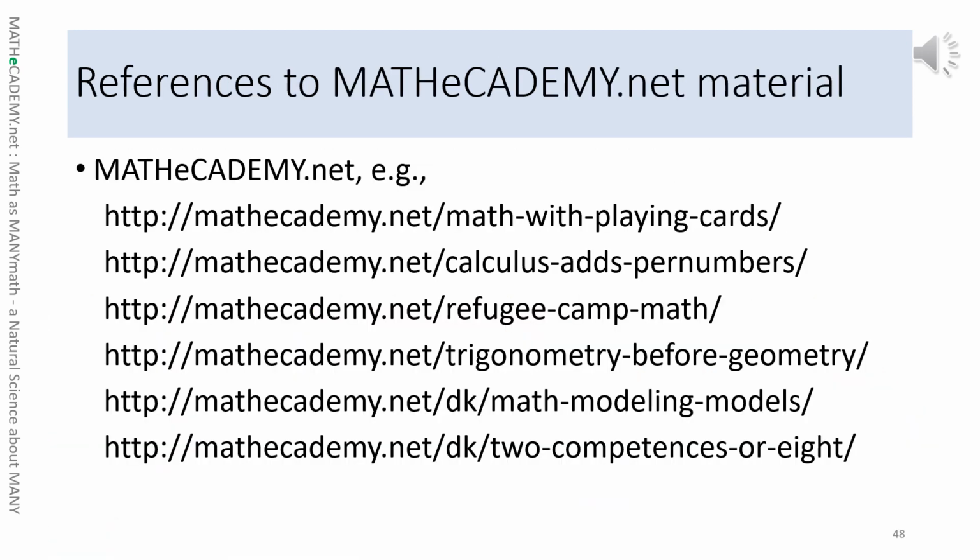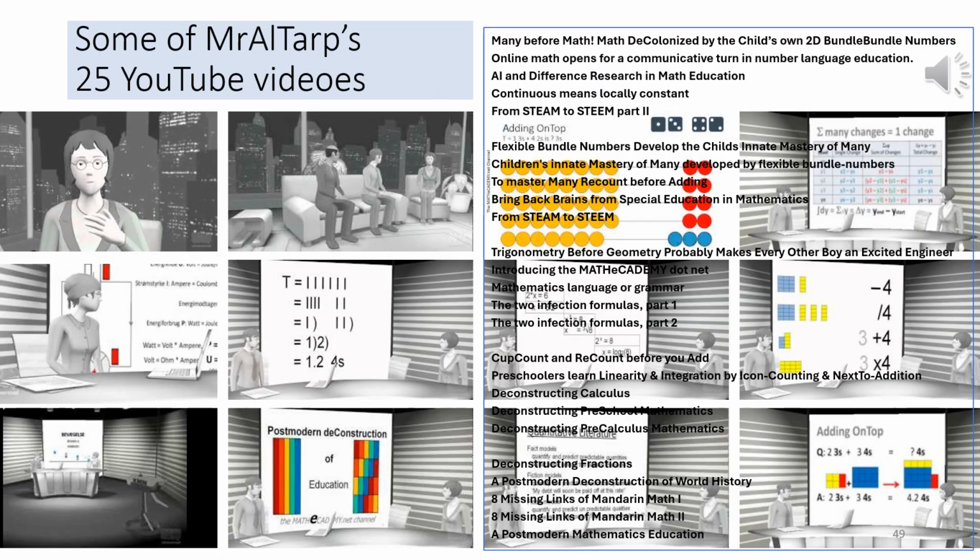References to mathecademy.net, material: Math with playing cards. Calculus adds per numbers. Refugee camp math. Trigonometry before geometry. Math modeling, and models. 2 competences, or 8. Some of Mr. Altarp's 25 YouTube videos.